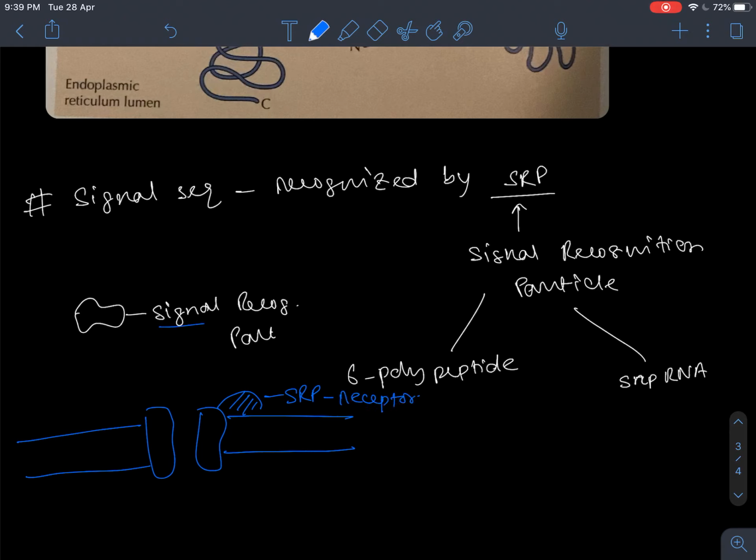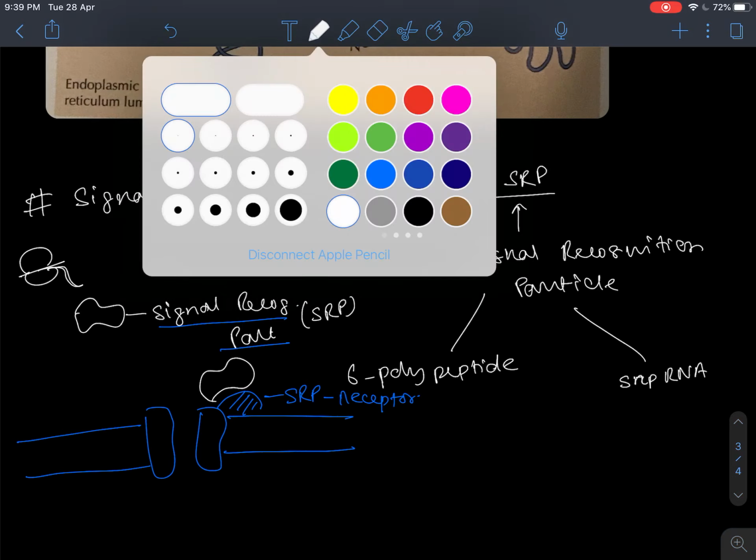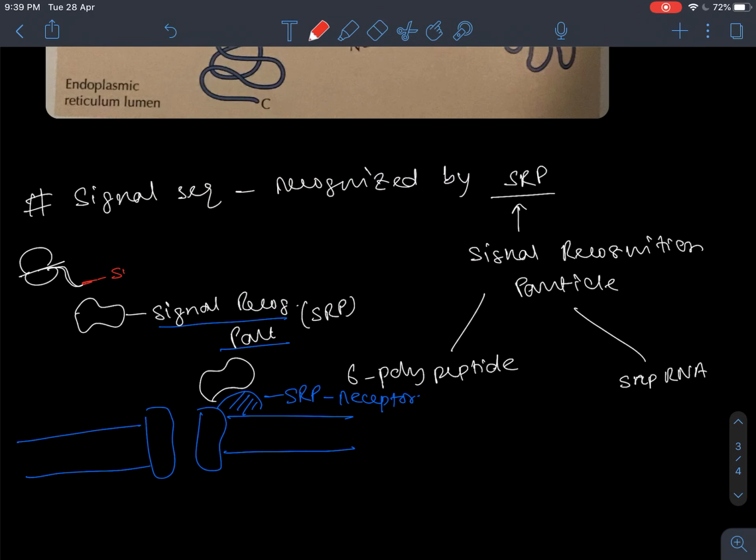This signal recognition particle will bind with the SRP receptor, but before that the SRP identifies the signal sequence and binds to it. When the signal sequence is recognized by the SRP, this whole complex will go and attach to the SRP receptor. So this is a fact, just remember this fact.